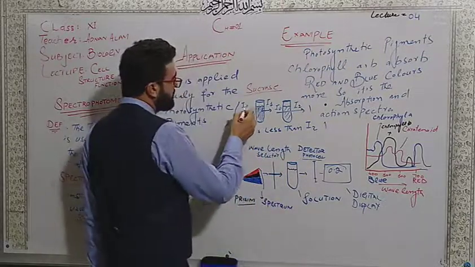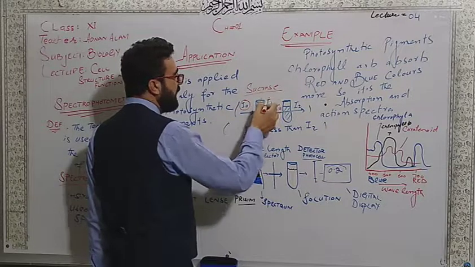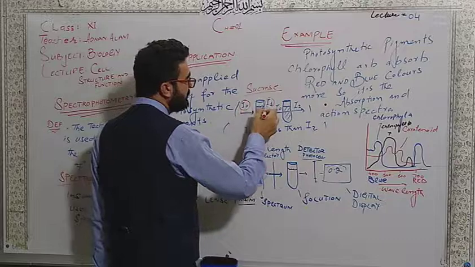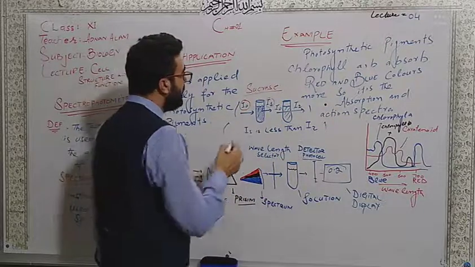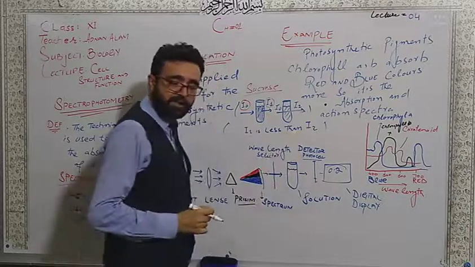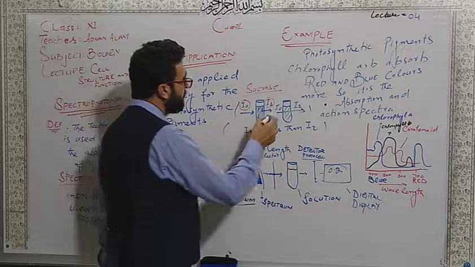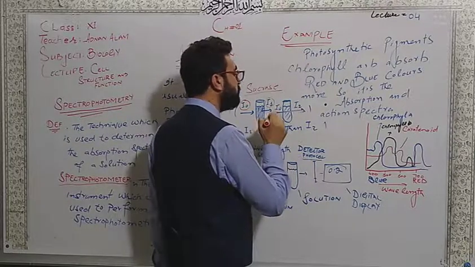When I pass light, I will call it I0, and this is the light which comes out from the solution. This is I1. Now this is another solution which has a low concentration of saccharose. If I pass the light through this solution, what will happen?